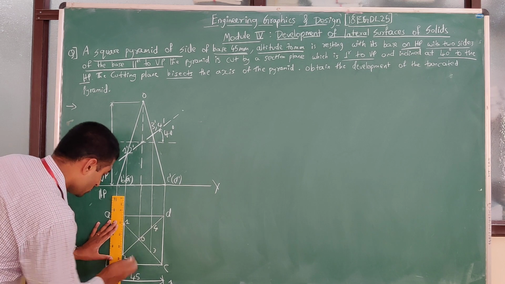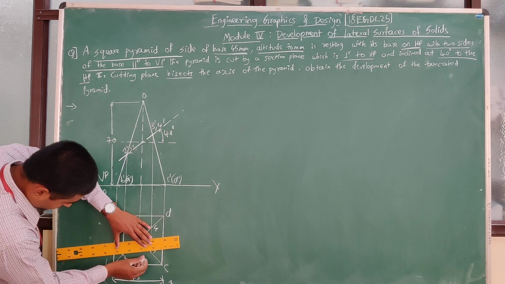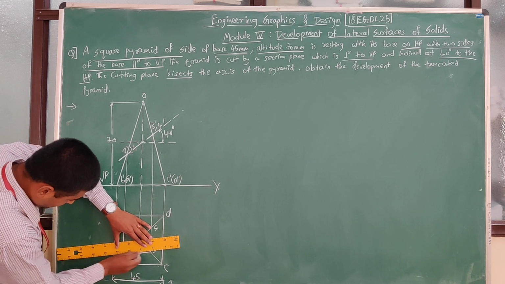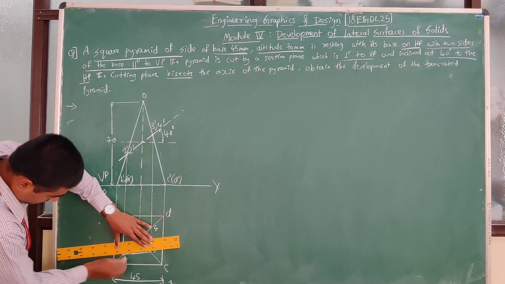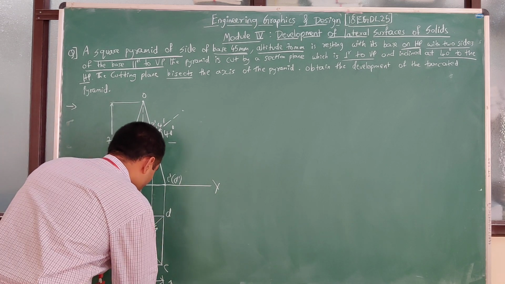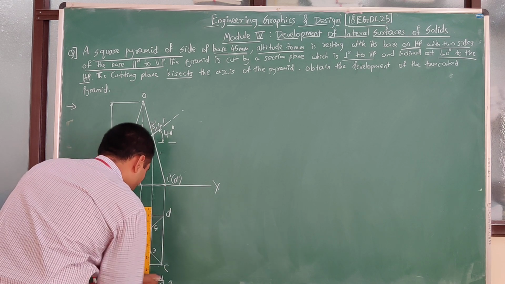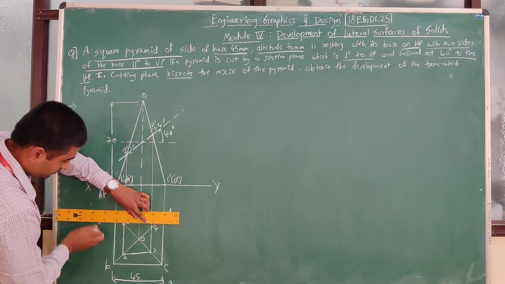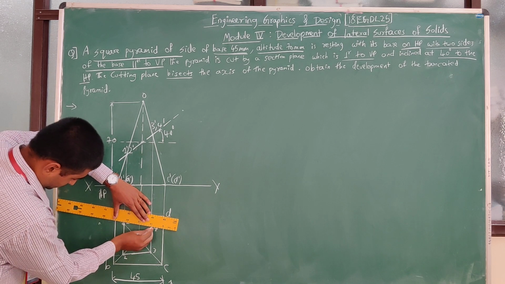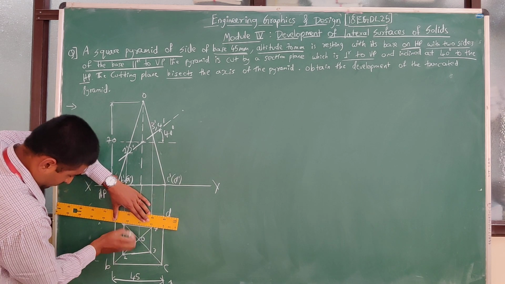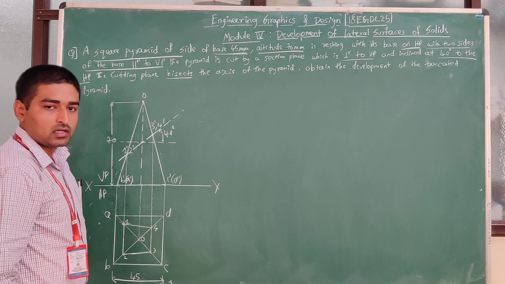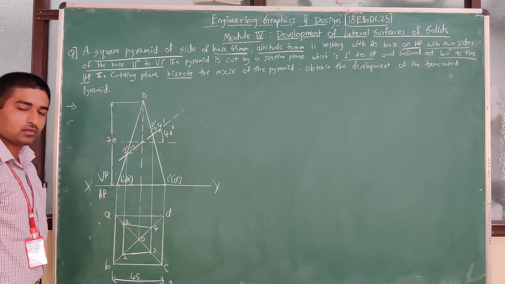So 1 to 2, 2 to 3, 3 to 4, and back from 4 to 1. Okay, so this will make your diagram complete.